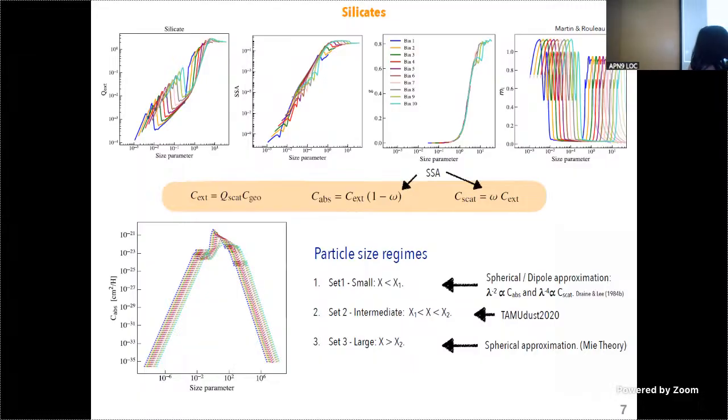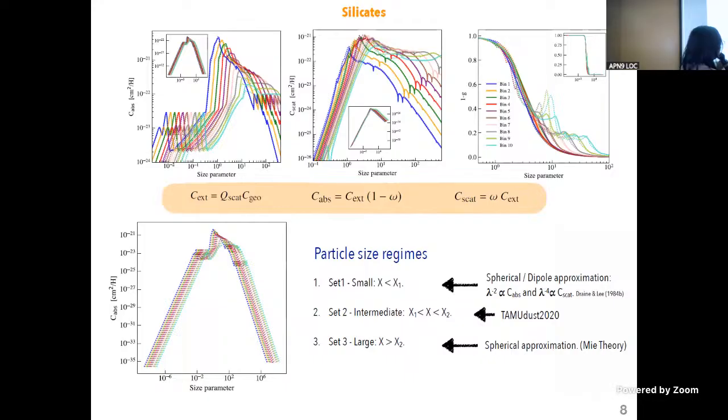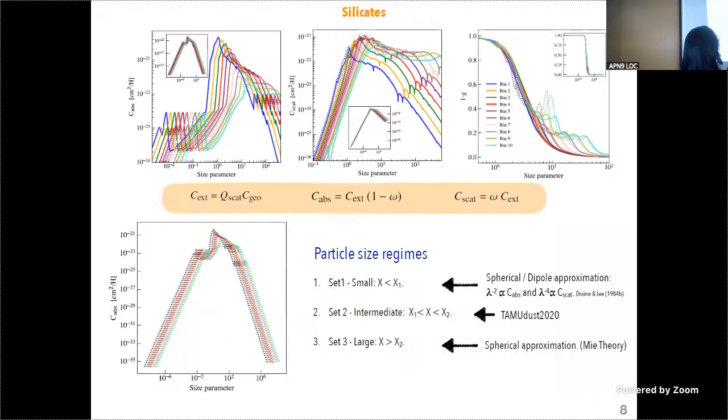And for the large particles, we also use the spherical approximation. We obtain these cross sections here, where the solid lines are our data coming from Tamodos, and the dotted lines are coming from the spherical grains. This is for this case.